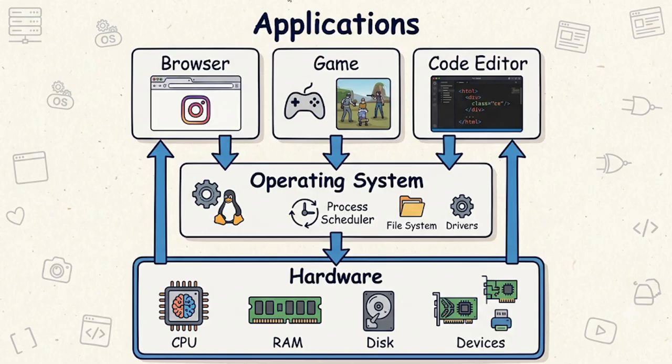An operating system is a collection of software that manages your computer's hardware and provides services to applications. It allocates CPU time to different processes, manages memory, decides where each program's data lives, and controls devices like keyboard, mouse, screen, and network, etc.